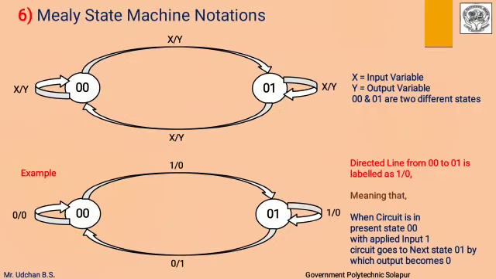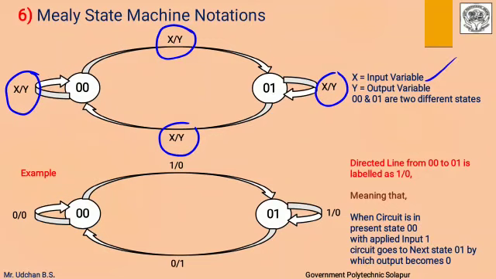Now this is the Mealy state machine notation, which consists of two states, that is 00 and 01. Now if you observe, x oblique y is written over each arc, in which x is the input variable and y is the output variable. 00 and 01 are the two different states.